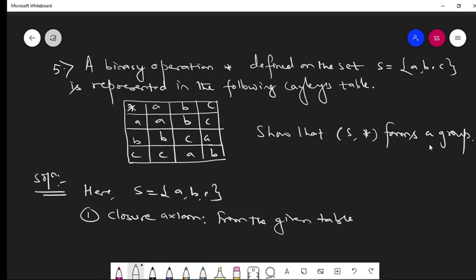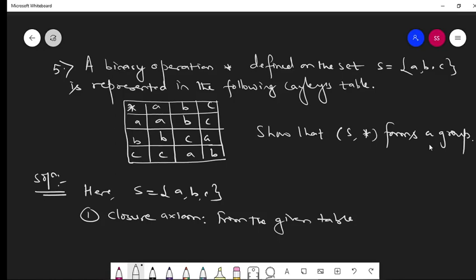Now the third property, that is the identity property, the identity axiom. We have to check here in the table.